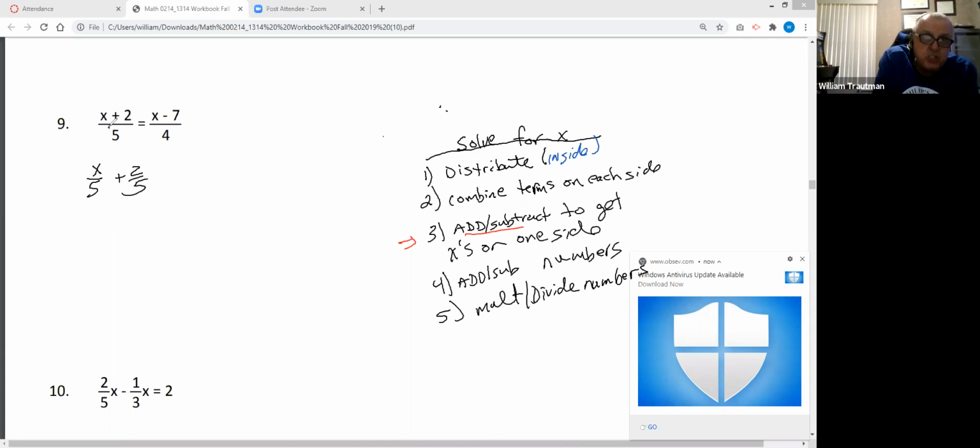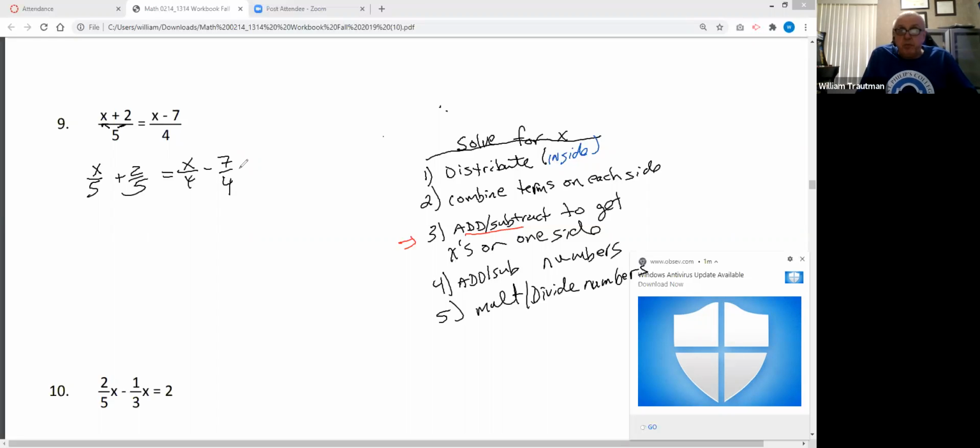Remember, this 5 should be underneath both of them. You can break it apart and separate it and put that 5 underneath both. Same as the other side. You can put the 4 underneath both. I think that might be the easiest way about it.